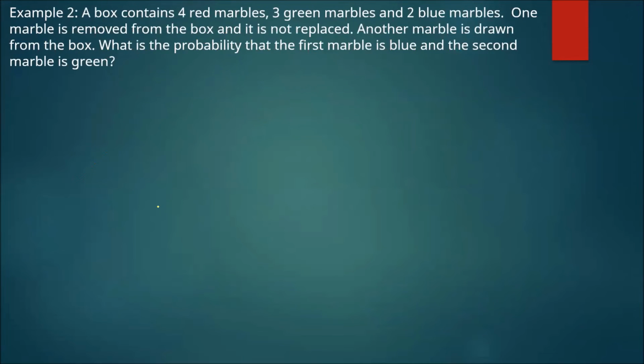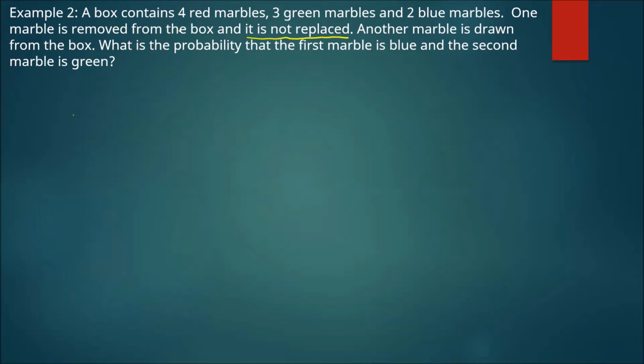Okay, now let us have another example. We still have a box that contains 4 red marbles, 3 green marbles, and 2 blue marbles. Now, 1 marble is removed from the box, and this time, it is not replaced. Then we will still get another marble from the box, and we are still going to find the probability that the first marble is blue and the second marble is green.